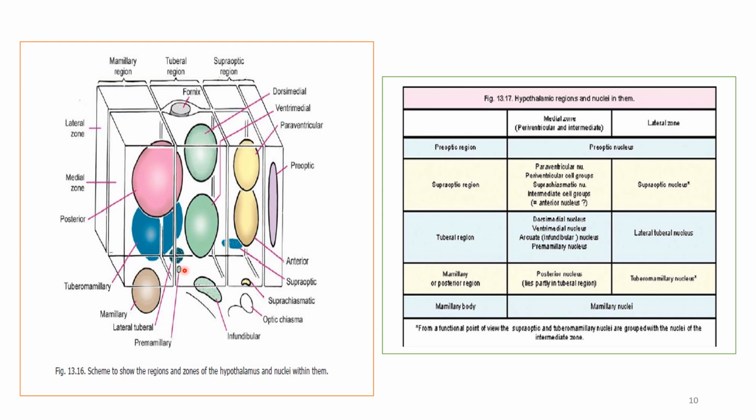And laterally you have lateral tuberal nucleus.